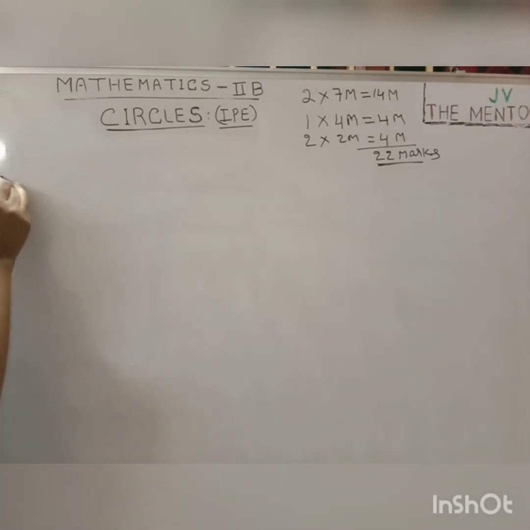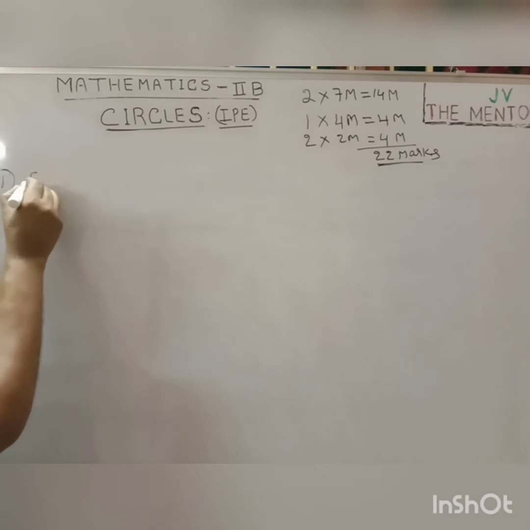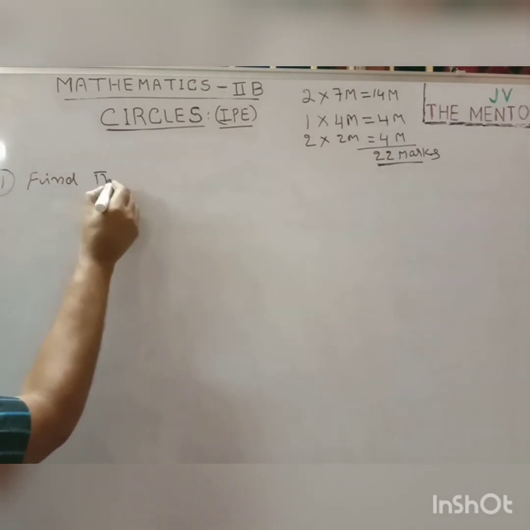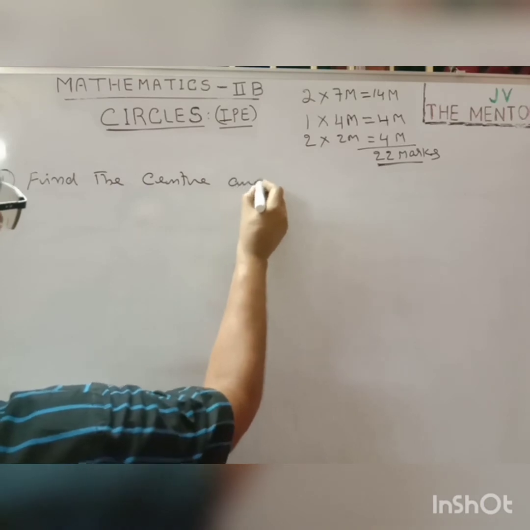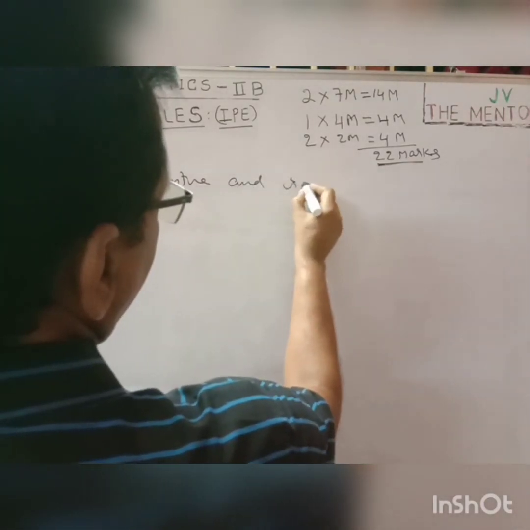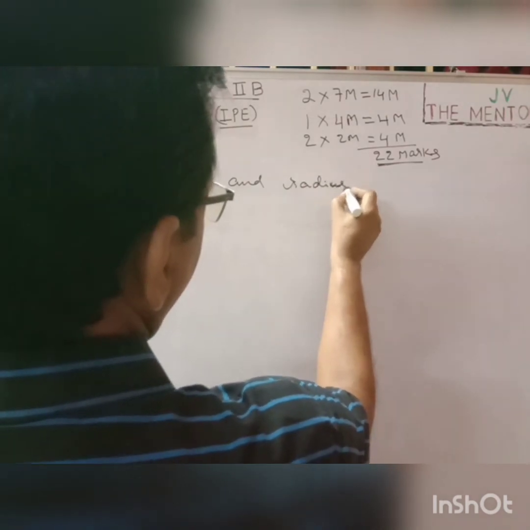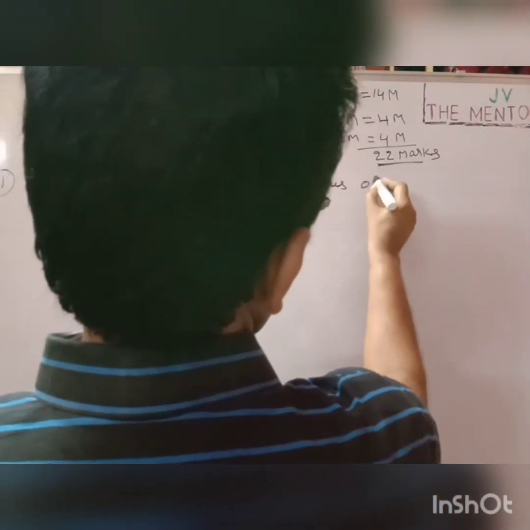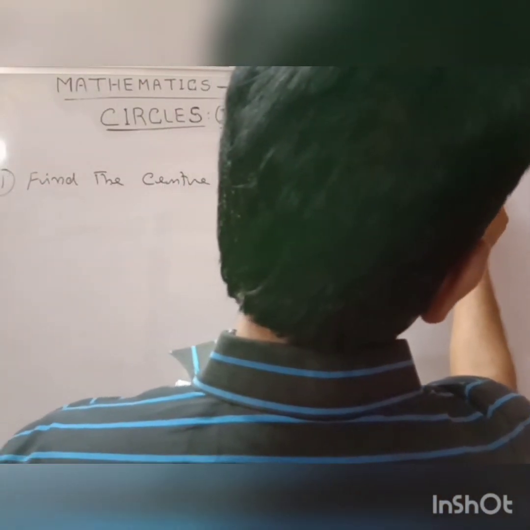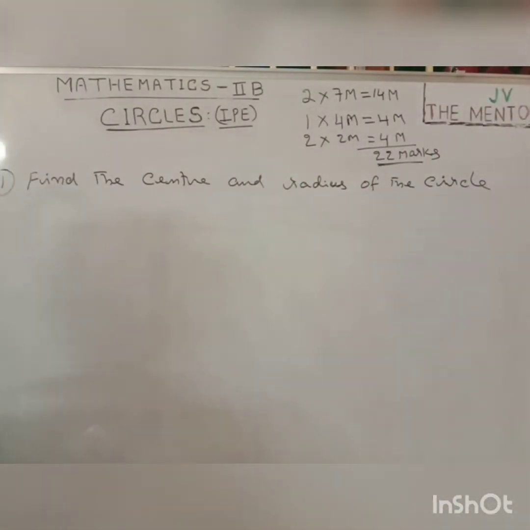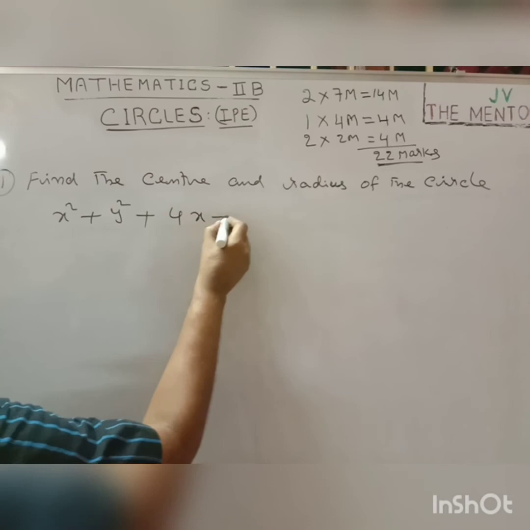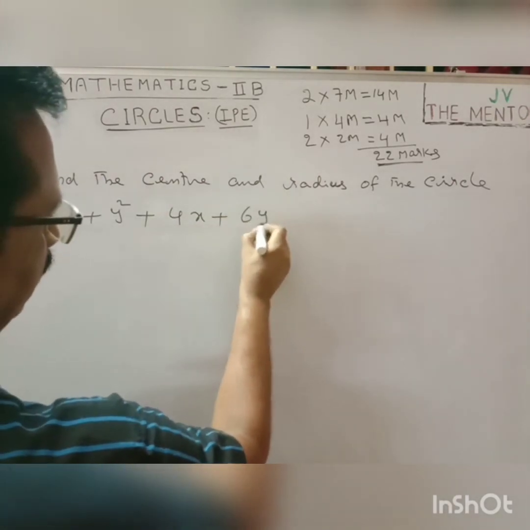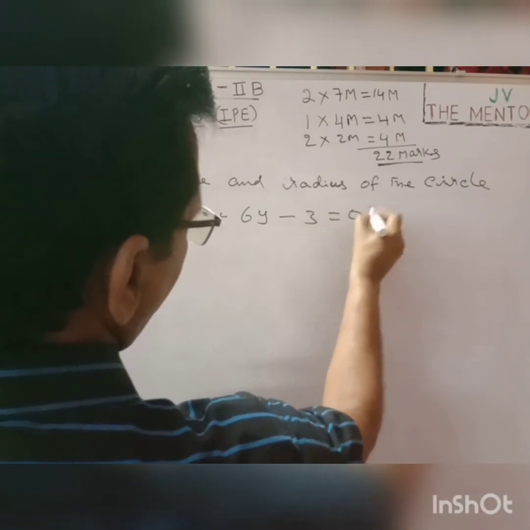First one, find the center and radius of the circle x square plus y square plus 4x plus 6y minus 3 equal to 0.